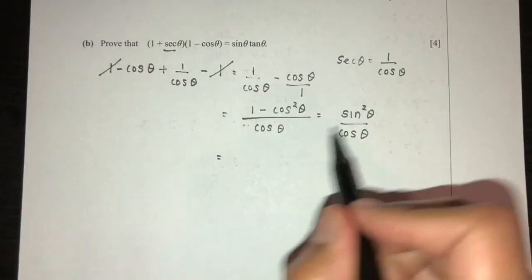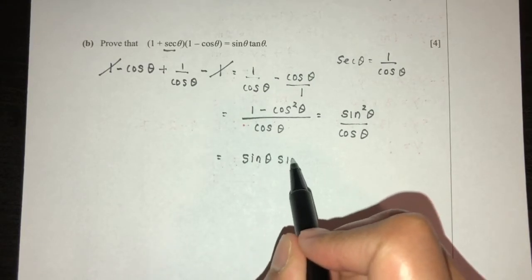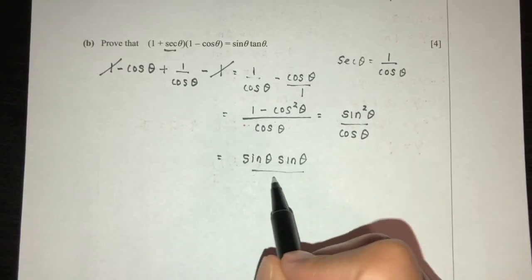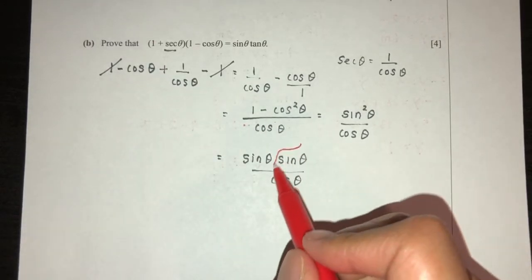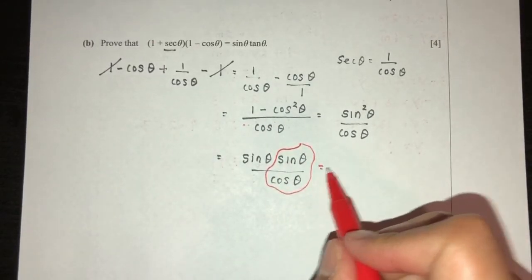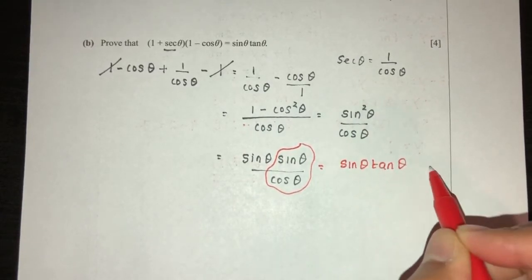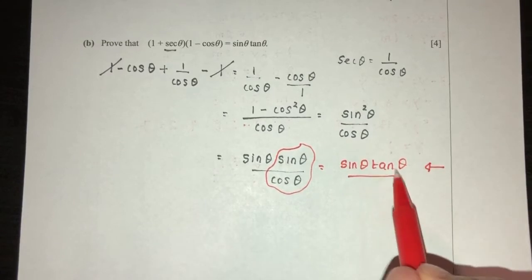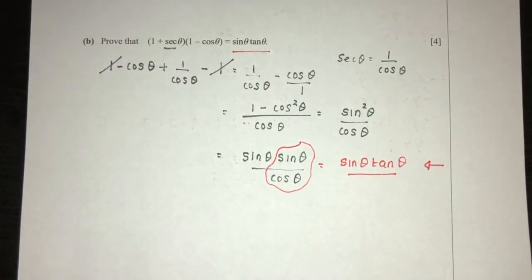Now if you simplify this, sine square is sine theta times sine theta divided by cos theta. Now you know that sine theta over cos theta is tan theta. So this is shown as required. This is your question number 7.